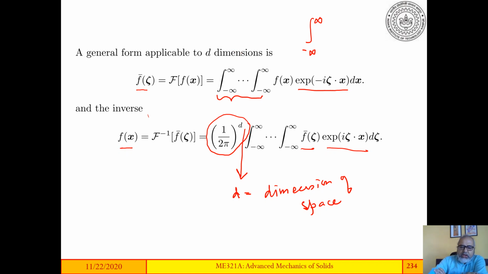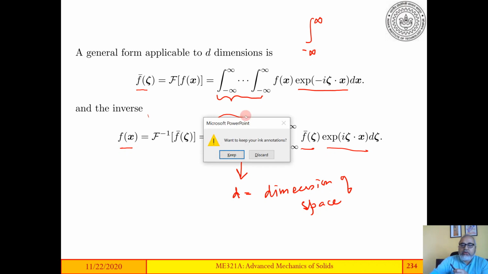Okay, so this is the general form applicable to d dimensions, and this general Fourier transform also is going to obey almost all the rules that we proved for the one-dimensional integral. It is going to obey the shift rule, which is what we had proved.